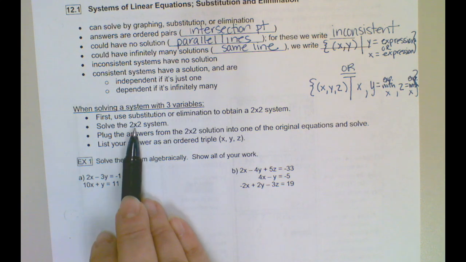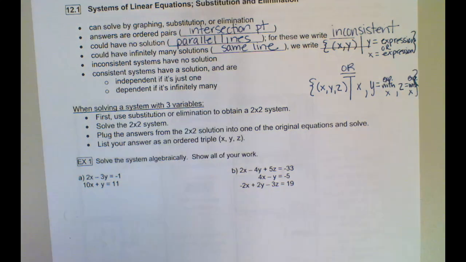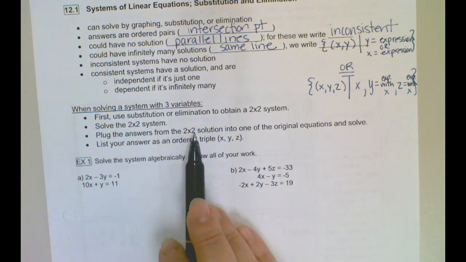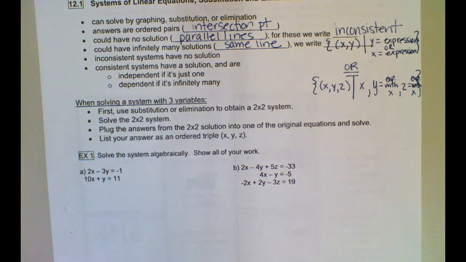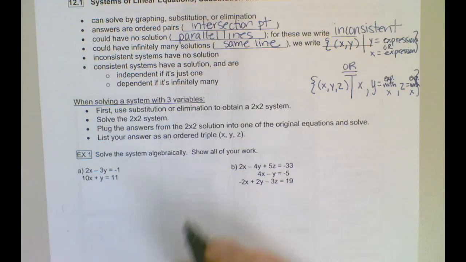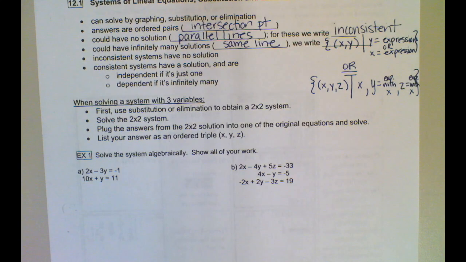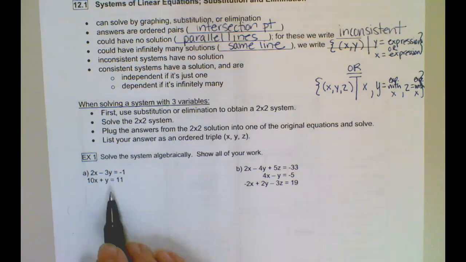Once you've solved the 2x2 system, since it is a 3x3, you then have to plug those answers into one of the original equations and solve it. So our final answer should be an ordered triple x, y, z. So what we are going to do, first we'll briefly review the 2x2 system.